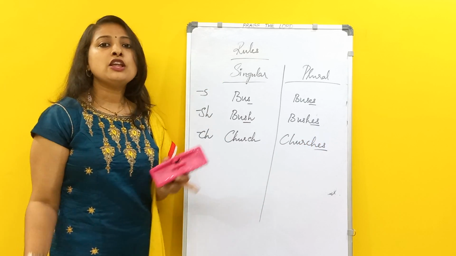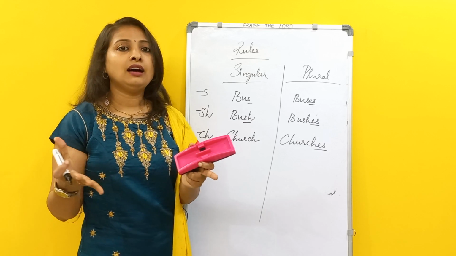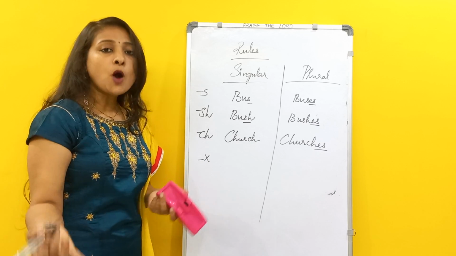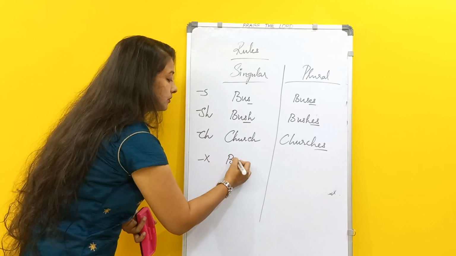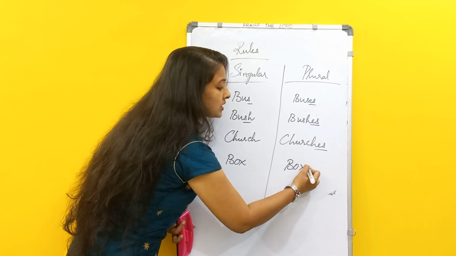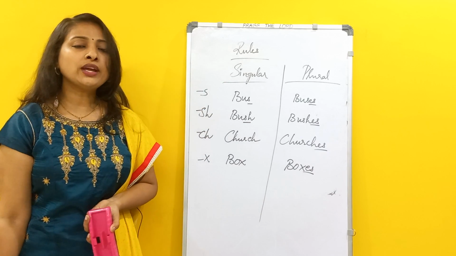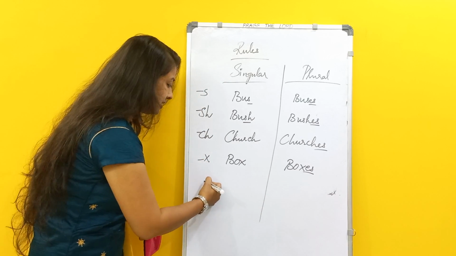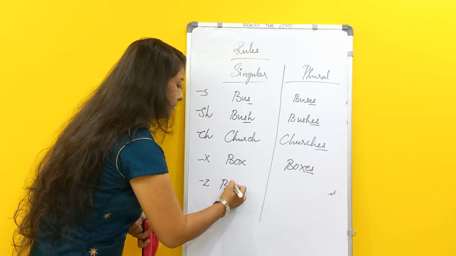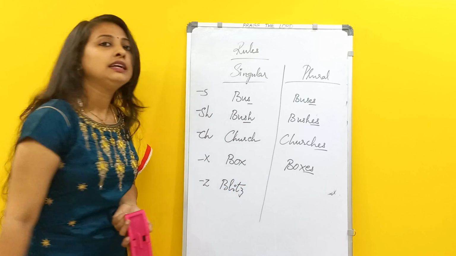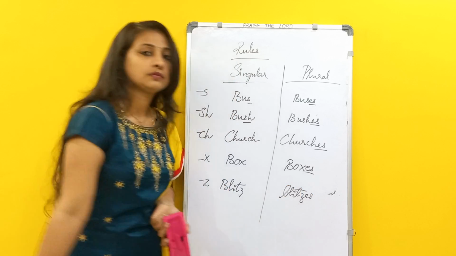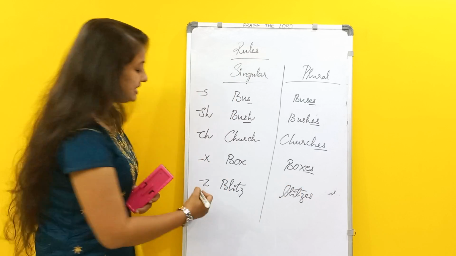Okay. Now if a noun is ending with X, like box or fox, it will become boxes. If a noun is ending with Z, blitz, it will become blitzes. We haven't seen SS.